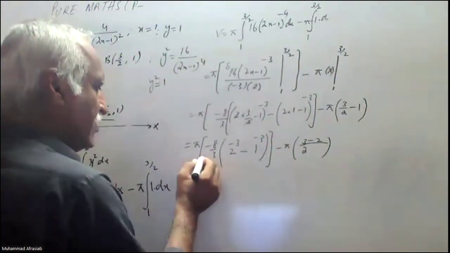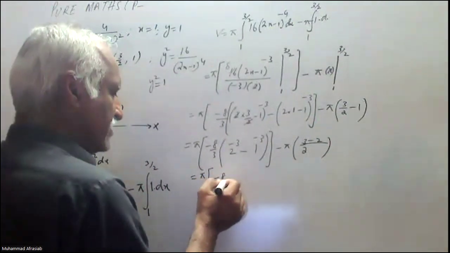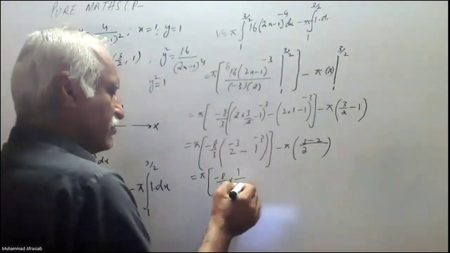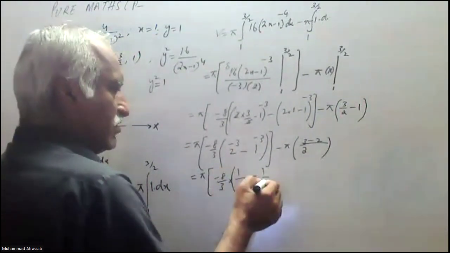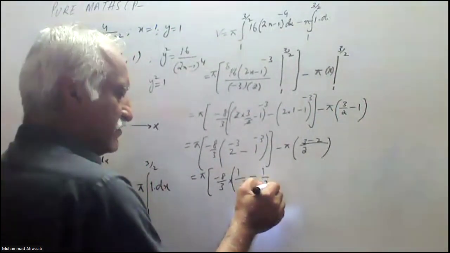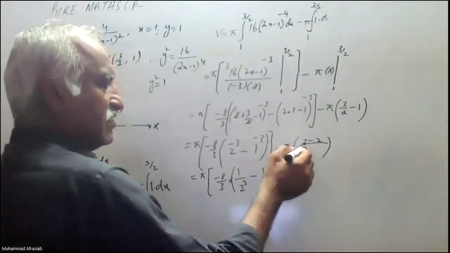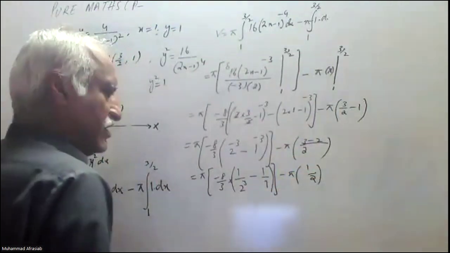So this value will be equal to pi as it is, minus 8 over 3, (1 over 2 raised to power minus 3 will become 2 raised to power 3) minus 1 over 1 raised to power 3, that means 1, minus pi, it is 1 over 2 there.